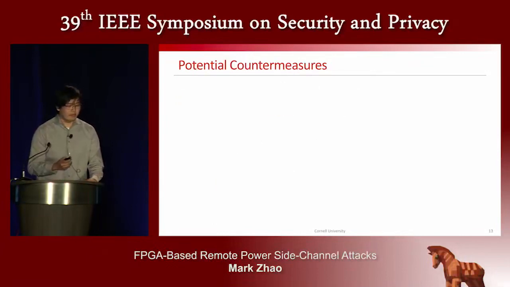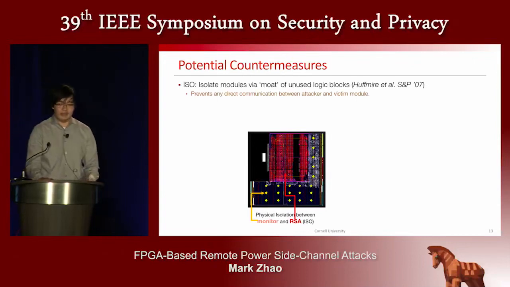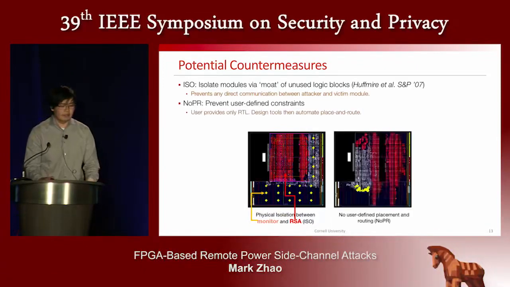Now, there are potential FPGA security mechanisms that have already been proposed. A prior work has proposed that an untrusted module and a trusted module can be isolated physically by a moat of unused logic blocks. And we implement this scenario as shown on the picture below, and we call it ISO.